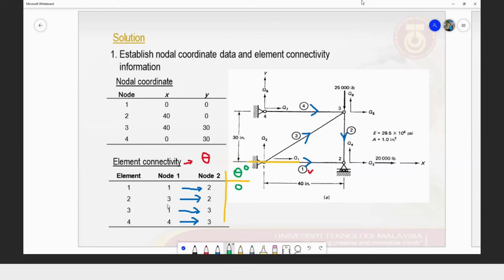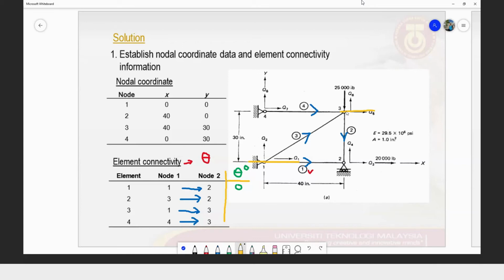So let's look at element number 2. Our element number 2 is connected from 3 to 2. So at node number 3, we make a horizontal line to represent our reference axis.